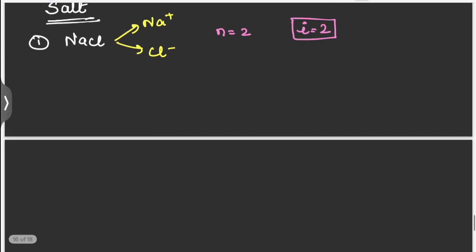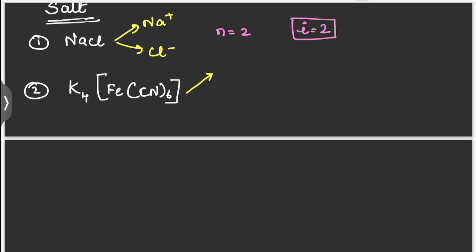Let us take one more example. The second example, I'll take K4[Fe(CN)6]. When you dissolve this in water, how is it going to break? It is going to break as K plus ion. K is potassium.